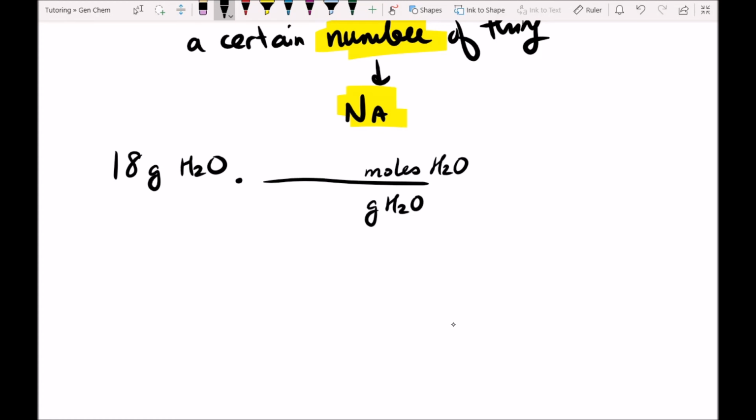Well, we know from the periodic table that the relative atomic mass listed on the periodic table is equal for each element to 1 mole of those atoms of that element. So for a molecule, we add up the relative atomic masses for the different atoms that compose that molecule. So in 1 mole of water, we have 18 grams of water approximately. So 18 grams of water is 1 mole of water.